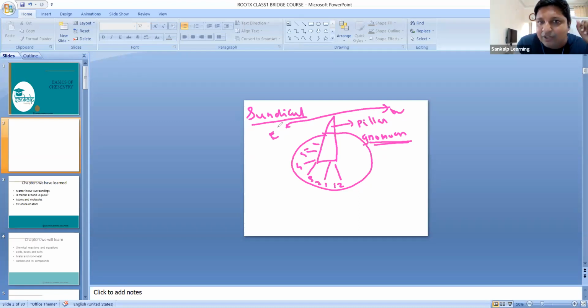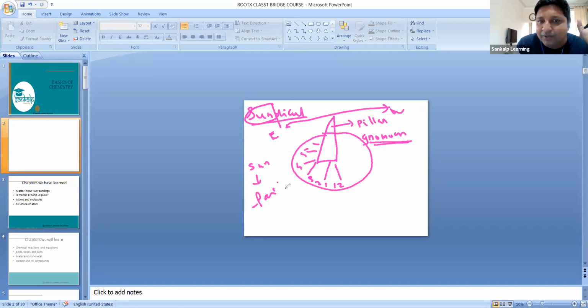So this instrument is called a sundial. See, the word used is sun dial. This instrument is completely dependent on the sun. In daytime the sun is visible to you, but at night time the sun is not appearing. Because of that, in the night time this device fails.